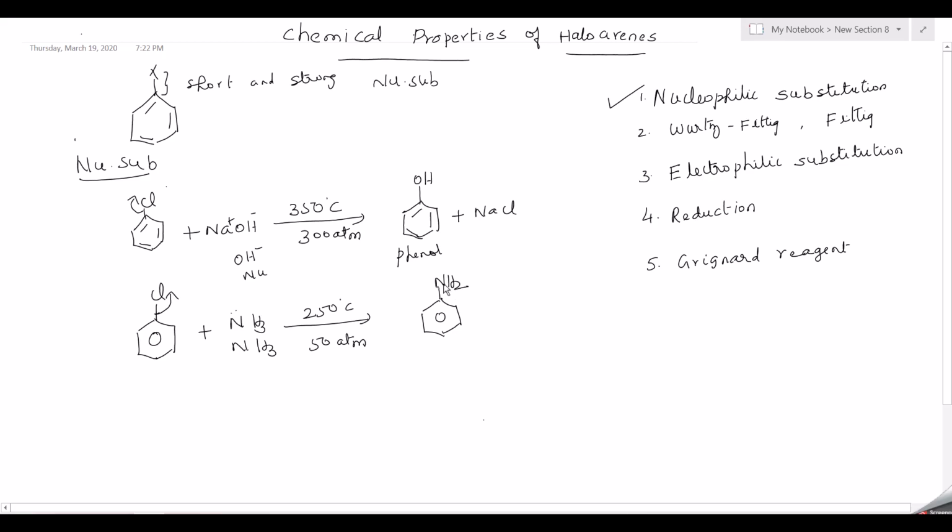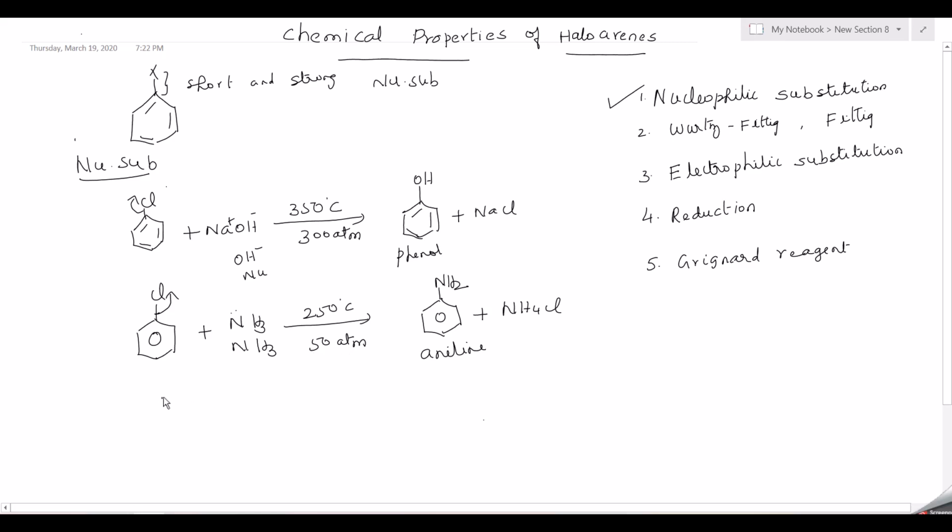So NH2 is substituted in the place of chlorine, and the byproduct is this NH3 combines with one hydrogen, NH4 it will become, now combines with this chlorine to form NH4Cl. So you are getting ammonium chloride as the byproduct. And here this NH2 gets substituted in the benzene ring, and this is what we call aminobenzene, or otherwise called aniline. So aniline you are getting from chlorobenzene on treatment with ammonia, which acts as a nucleophile at very high temperature, 250 degrees Celsius and 50 atmospheric pressure.